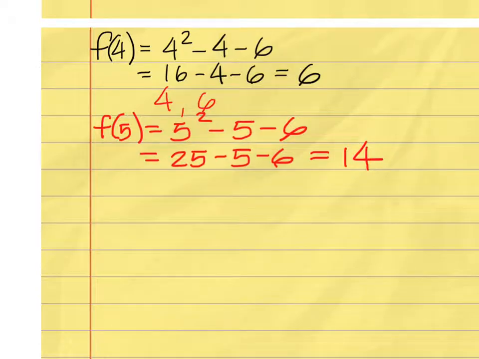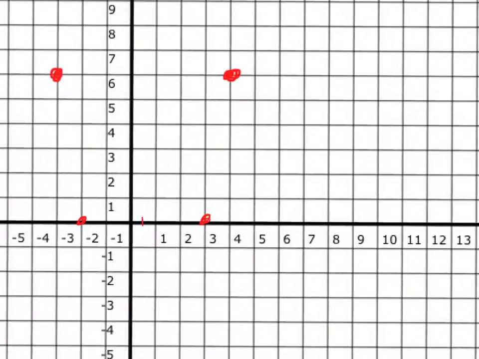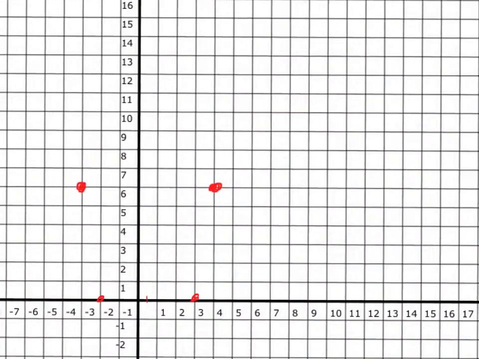I plugged in a 5 and came back with 14. So let's find 5 and then 14. There it is, and if I plug in a negative 4, what should I come back with? 14.